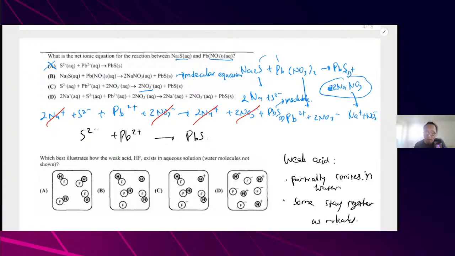So we are looking for a mixture of HF that is not fully ionized, not all split up, not just HF molecules, not zero ionization.